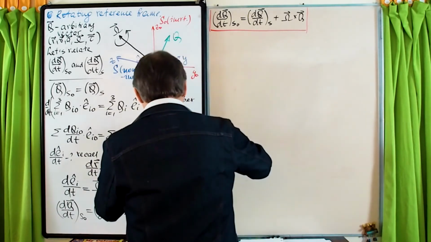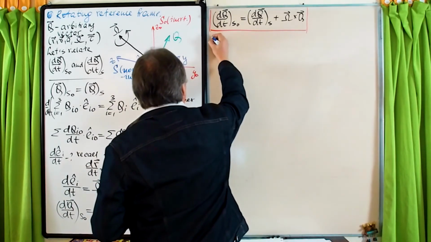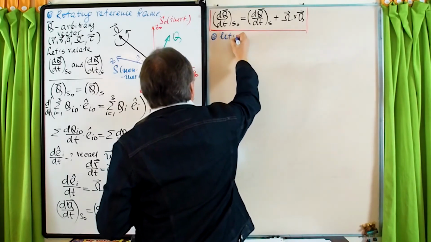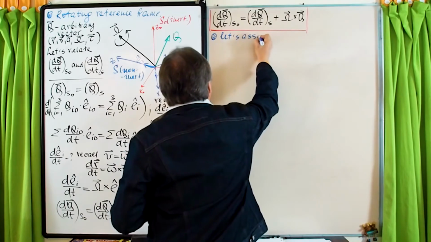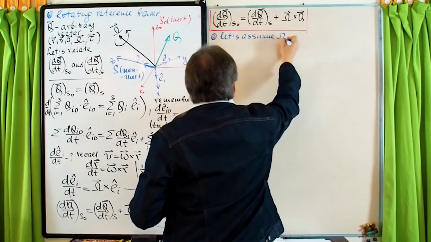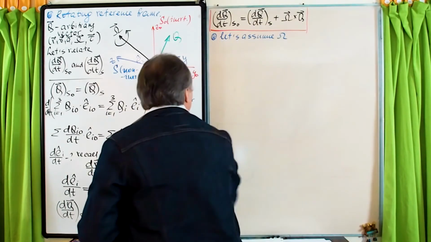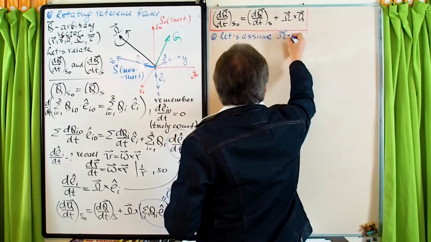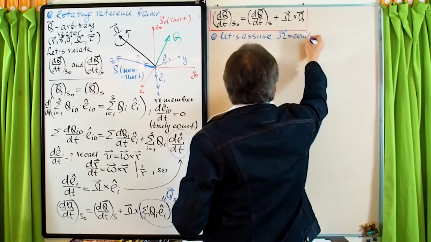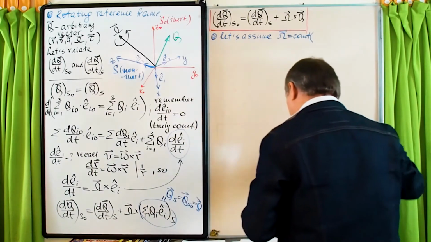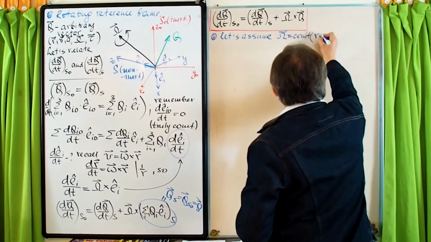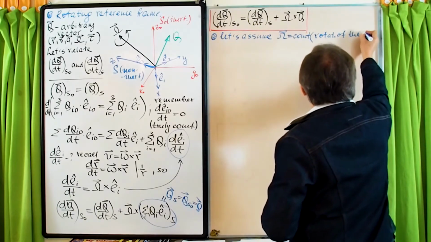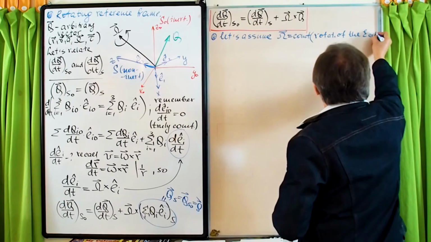Okay, let me put a new bullet, and so let's assume omega is constant. Example here, rotation of the Earth.